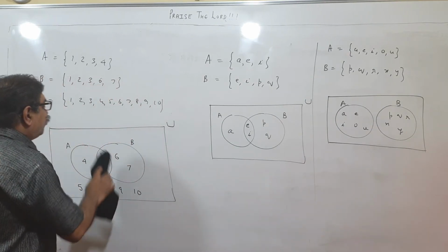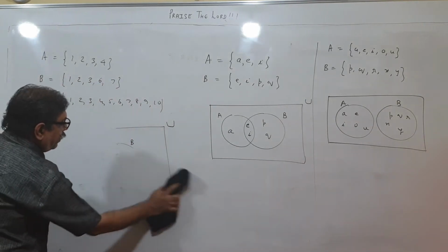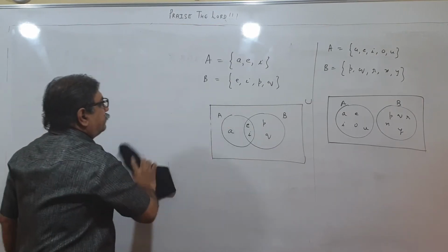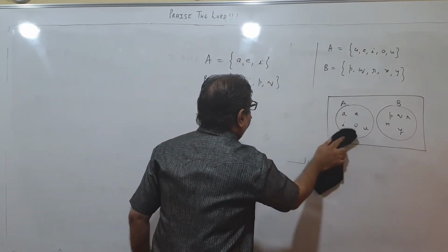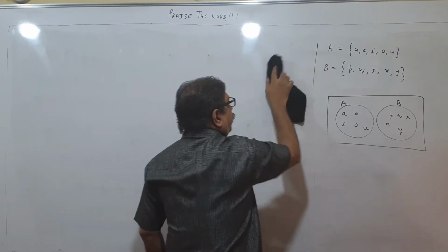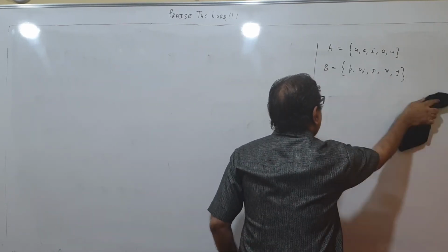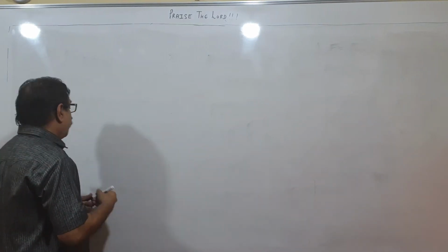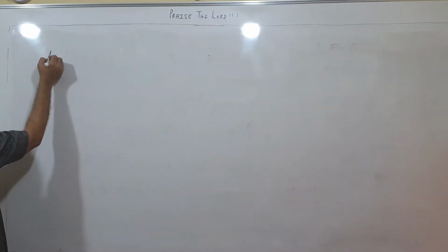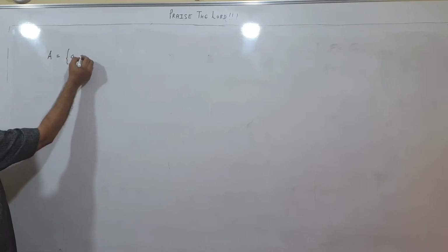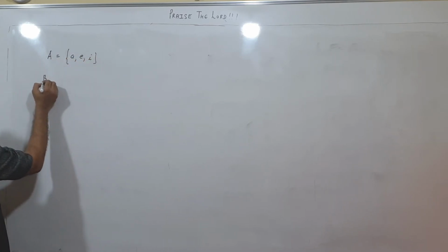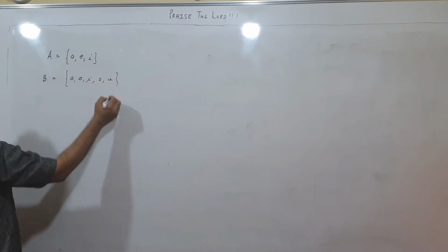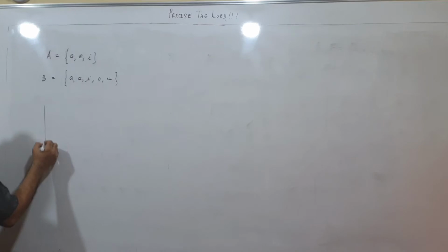Please pause and copy. I am showing you how to draw Venn diagrams. Different positions I am showing you. Supposing A is the set A, E, I and B is the set A, E, I, O, U. So we draw like this.